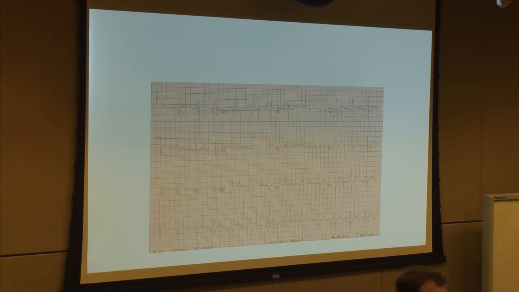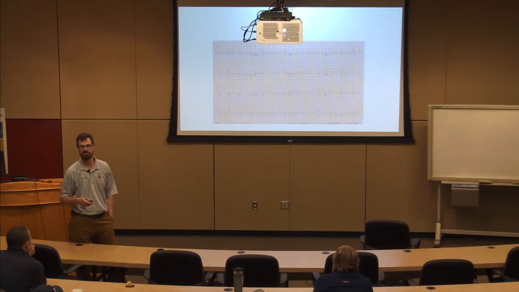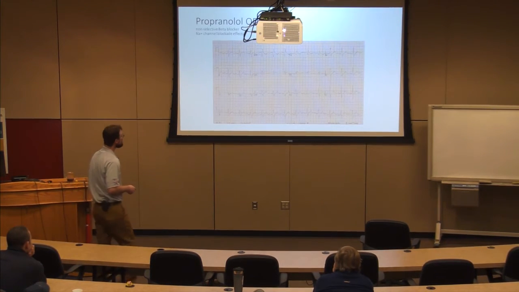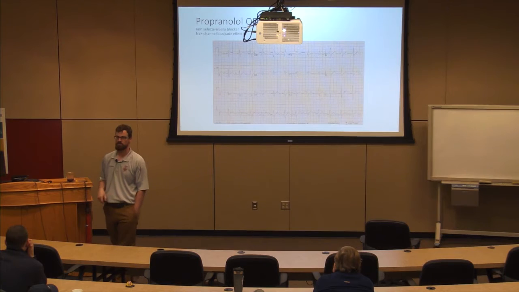Beta blockers, right? This happens to be a propranolol overdose, a non-selective beta blocker frequently used for people with chronic headaches as a preventative medicine, right? Non-selective beta blocker, potent sodium channel blocker.